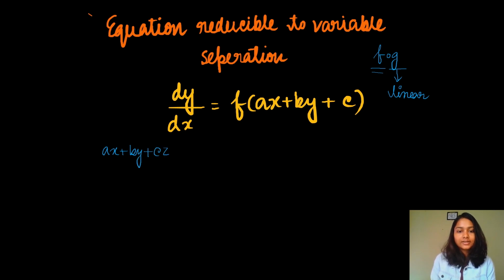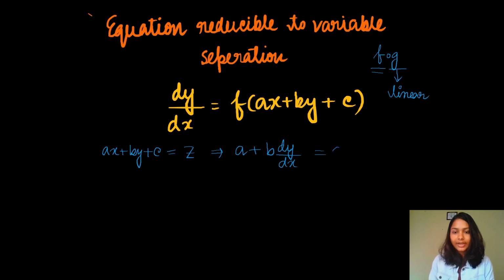plus c as, suppose, z. Okay, so if we differentiate here with respect to x, we will obtain a, after that b into dy/dx, c will become 0, and here we have dz/dx.